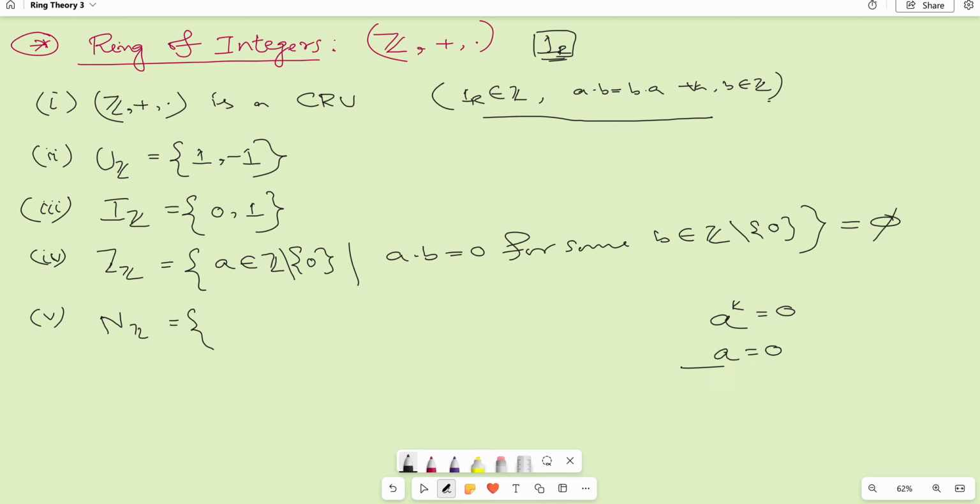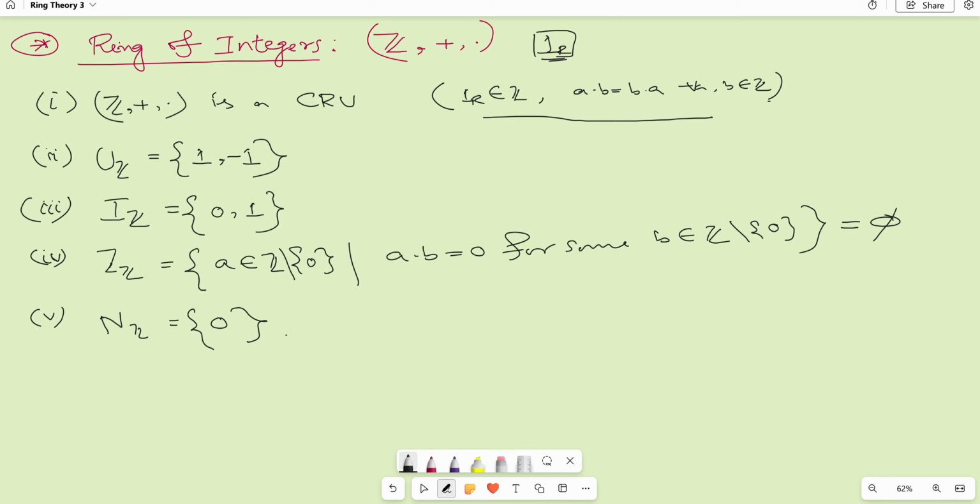A equals 0 satisfies this in Z. But can there be any other element which satisfies this? It is not possible in Z, right? If you multiply any non-zero integer by itself, it will not give you 0. So it is actually only 0 satisfying this, right? Have you got it?